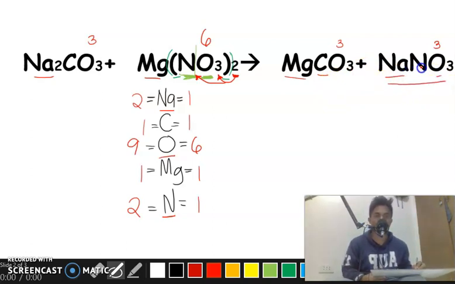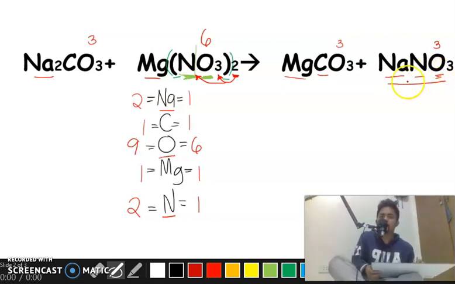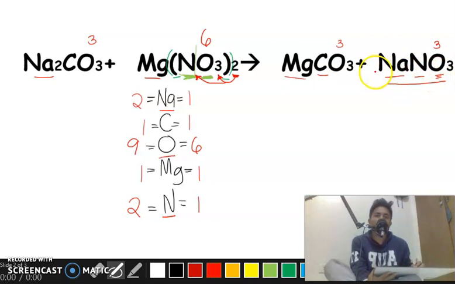We have sodium, nitrogen, and oxygen. Now, the only thing that I can see is that sodium needs another sodium, and then nitrogen needs another nitrogen. So the best number to use here is 2.